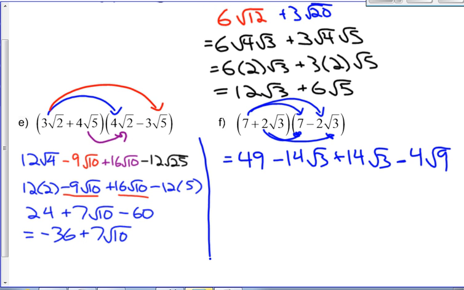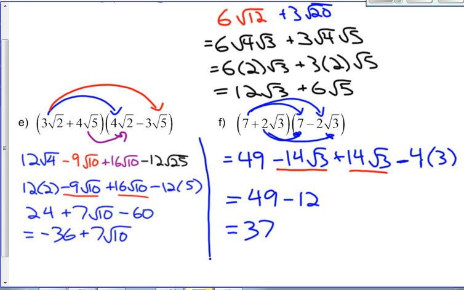Or maybe I'll just call that 3. Root 3 times root 3 is going to be 3. Okay, now notice here we've got a negative 14 root 3 and a positive 14 root 3. They're going to be gone. So we'll just have 49 minus 12, or 37.